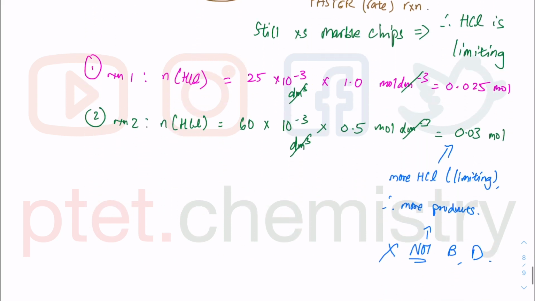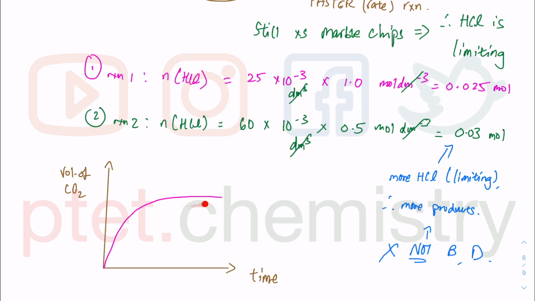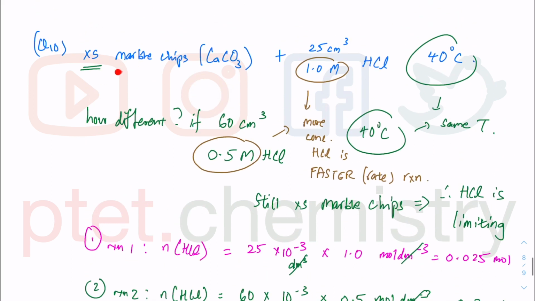In terms of graphical content, if I draw it graphically, this is, let's say, volume of CO2, because carbonate and acid will give you that product, and this is time. So assuming the first one will go like this, and then the reaction will come to a stop as the acid gets fully used up because the carbonate is in excess.